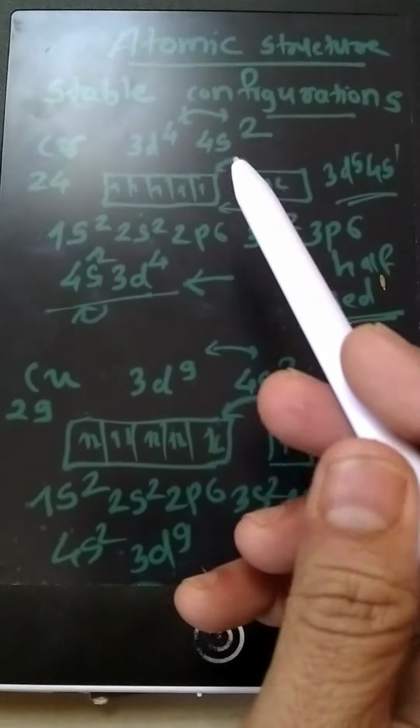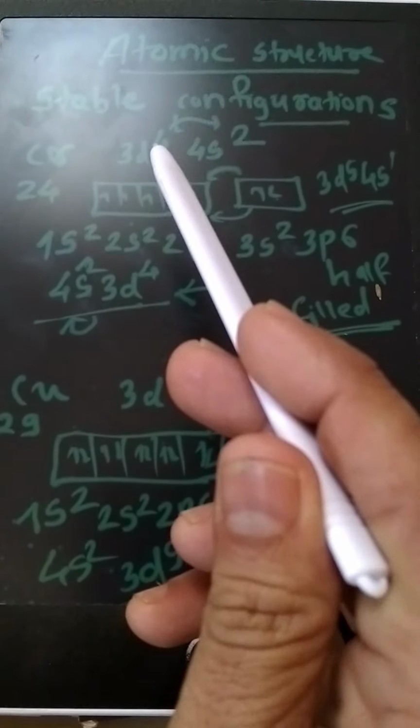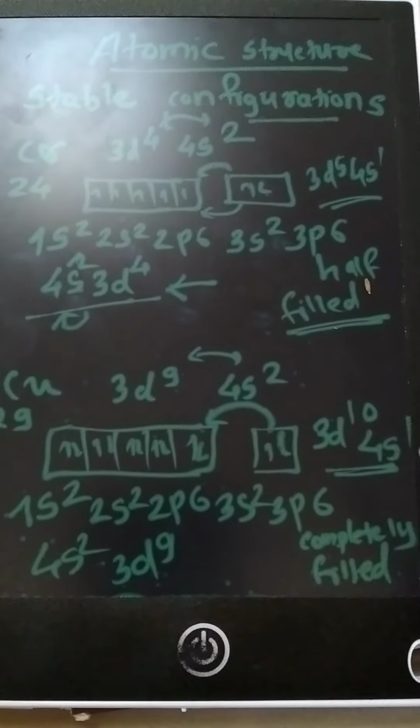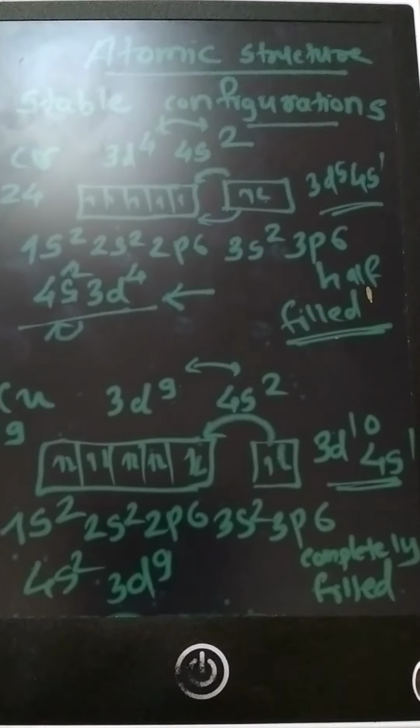So in this way, the elements get their stable electronic configuration as half-filled and completely filled configurations.